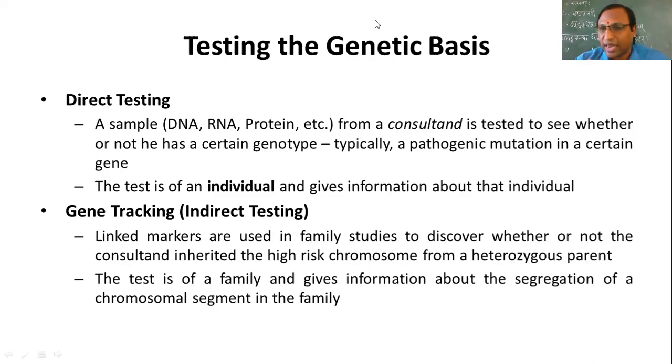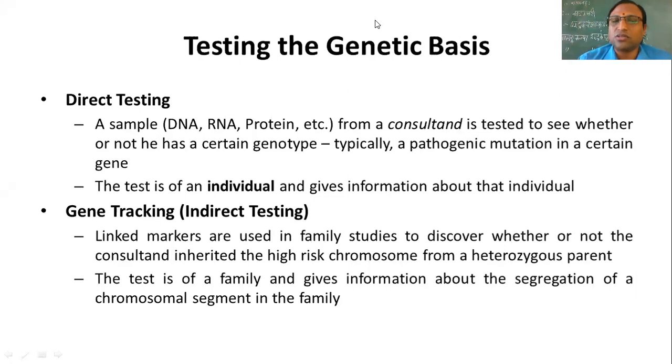When families come to the counselors, based on their studies, they take samples from the male and the female and analyze the linked markers. They keep one marker in both as common, and based on that they see whether they have inherited high-risk chromosomes from the heterozygous parents or not. Based on that, they analyze and give a mapping of that.